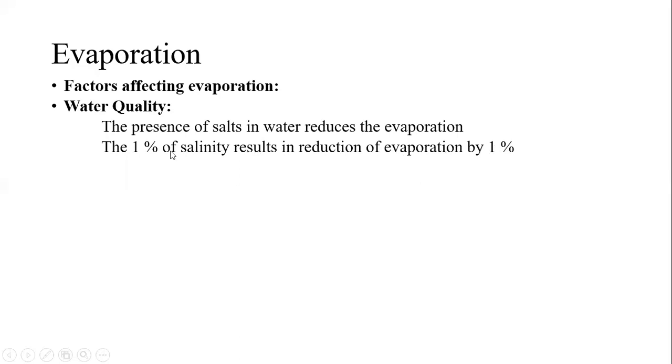Means if the salinity of the water is 1%, and previously we had a 100% evaporation rate, for example considering 100% as the evaporation rate for fresh water, now with 1% salinity in that water we observe a reduction in the evaporation by 1%. It means that now the evaporation will be 99%, isn't it? So for the addition of 1% of salinity, it results in a reduction of the evaporation by 1%.